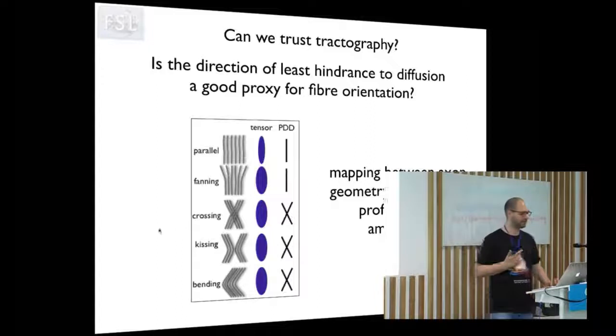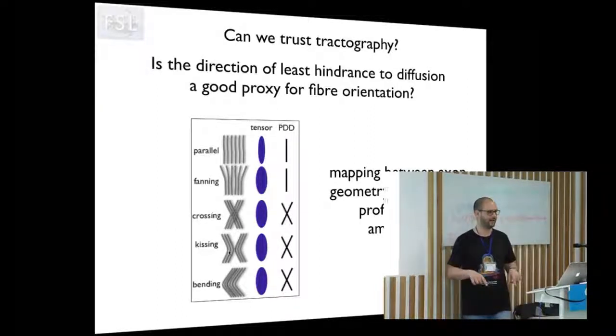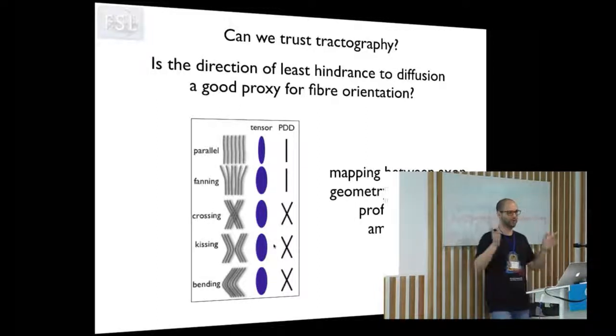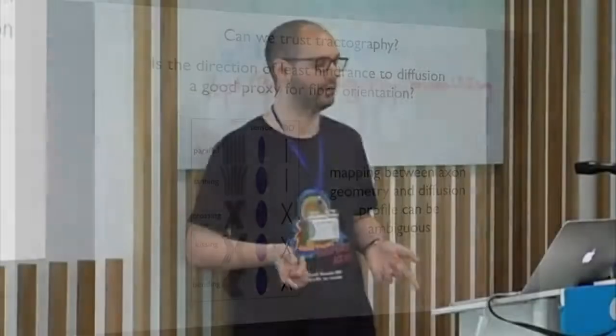But if instead of crossing, you have two fibers, let's say, kissing, so still forming an X shape, but actually being completely independent of each other, even the ball and stick model will still give you the cross, but it won't tell you which endpoints you should connect with each other. Or even fiber bending, it's going to be the same, because it will always see these two endpoints, right? So it will represent it as a cross rather than a sharp angle in that voxel, which will lead to some, of course, imprecision.